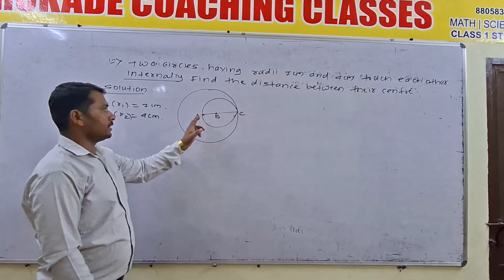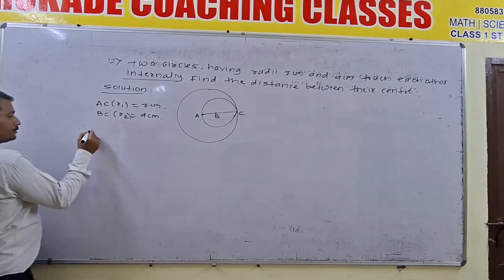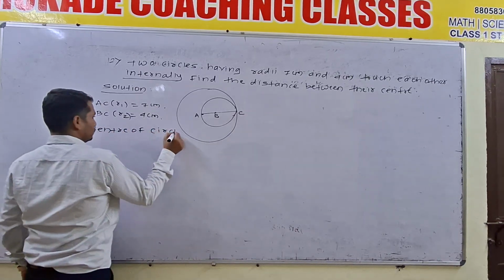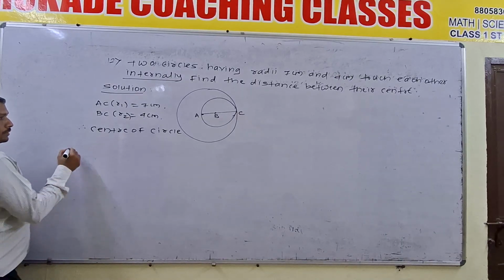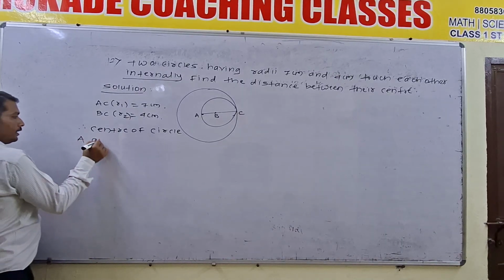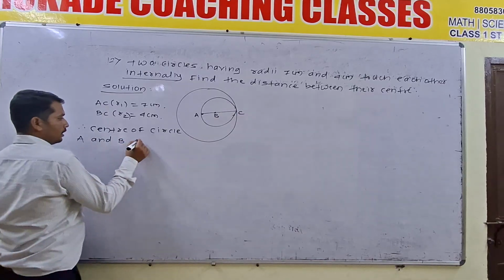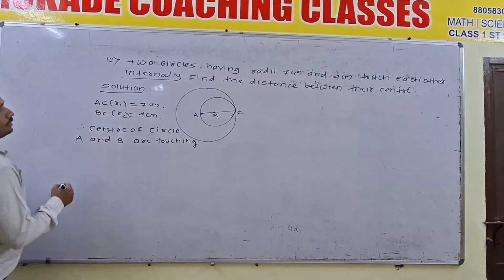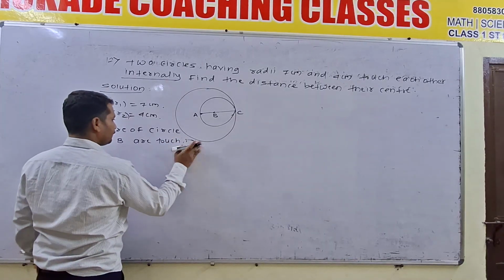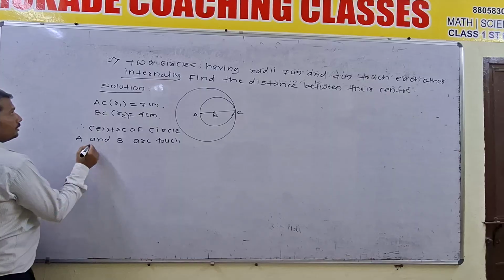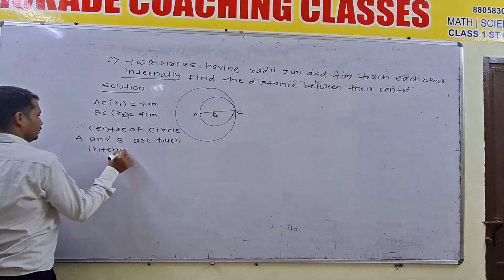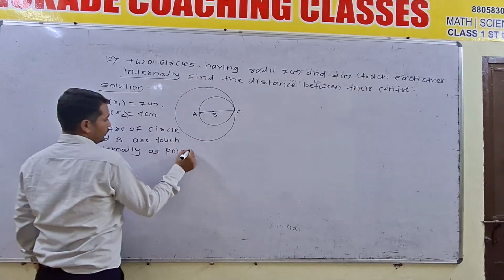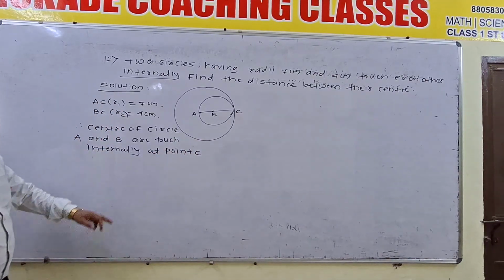Centers of circles A and B are touching internally at point C. Okay, write down there again.